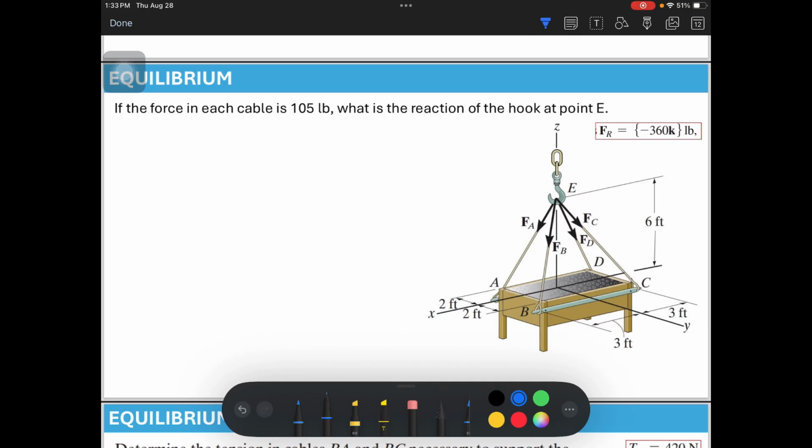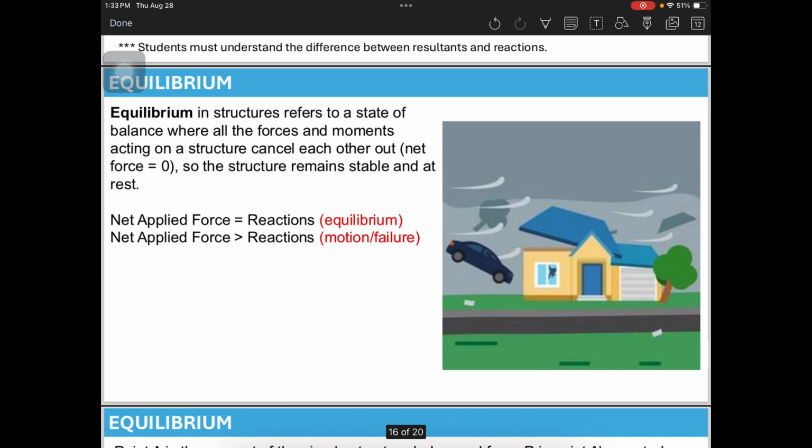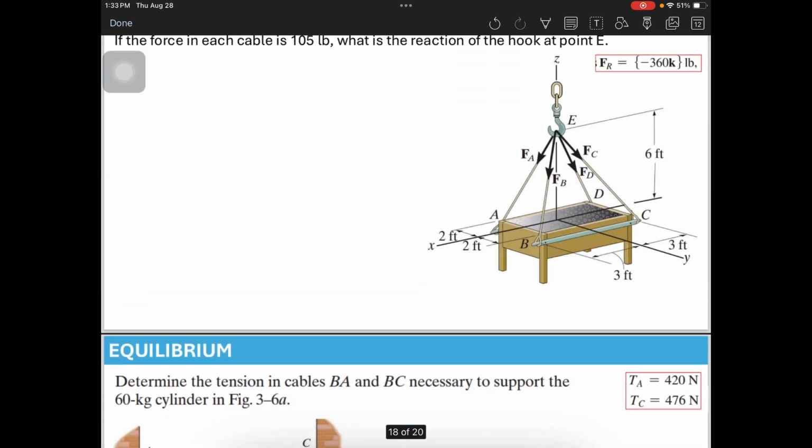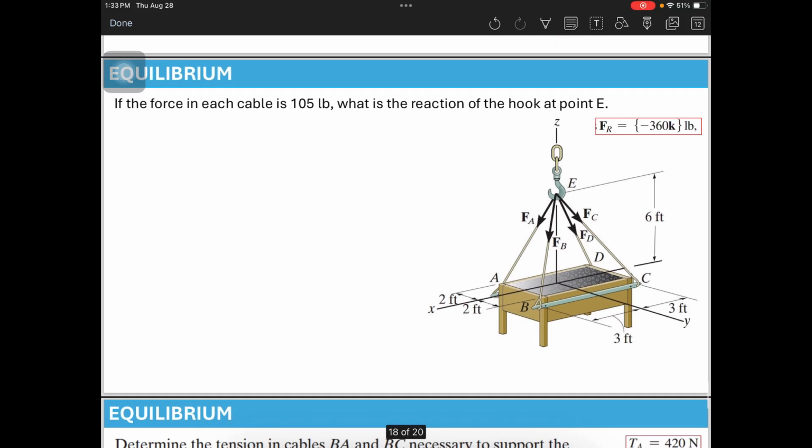So, the same yan dun. Ang procedure na gagawin is the same dun sa dati, kukunin yung resultant. But for this one, kukunin natin yung resultant ng mga forces and then i-equate natin siya dun sa support.